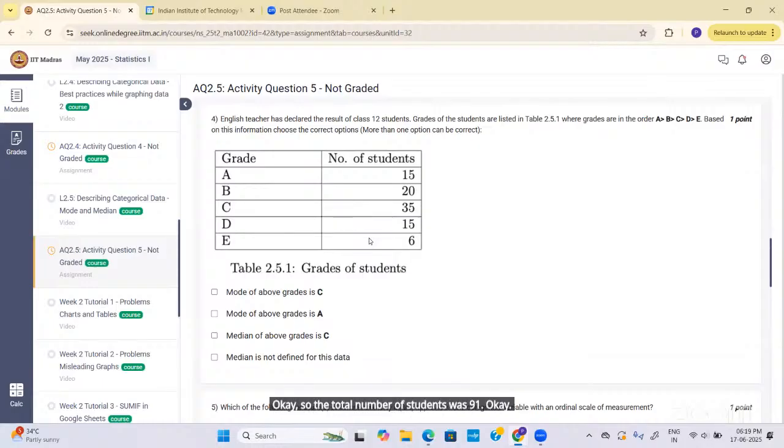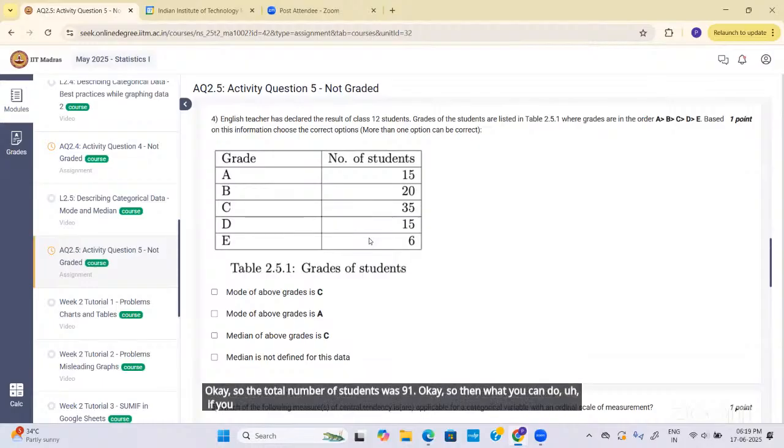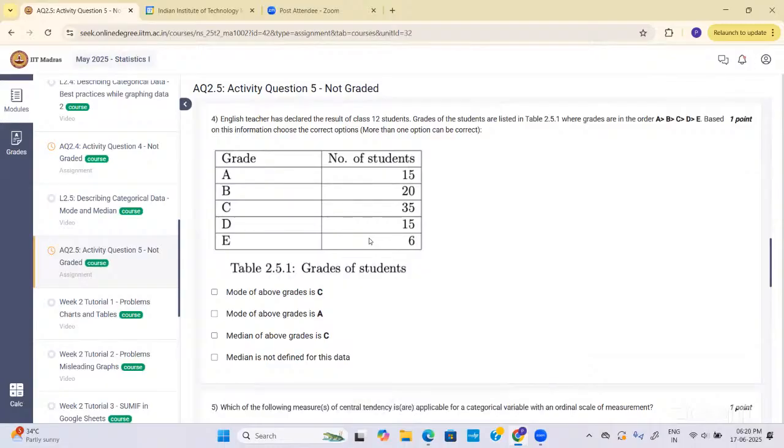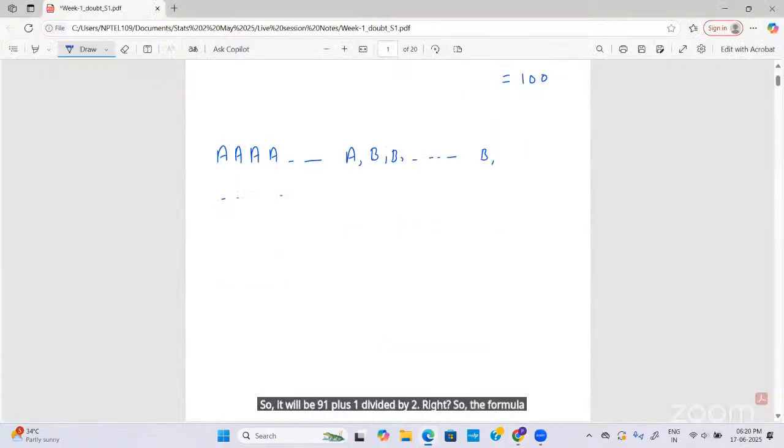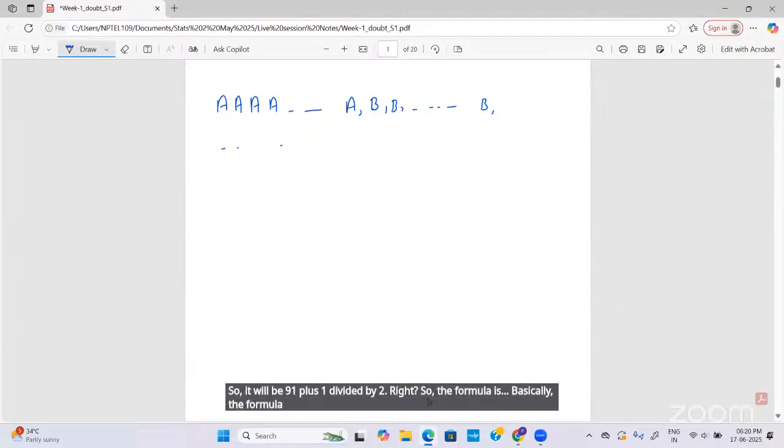Okay, so if you have a total of 91 observations in your data set, what will be your median in that case? It will be (91 plus 1) divided by 2, right? Basically the formula is for a numerical variable, but you can use it here as well.